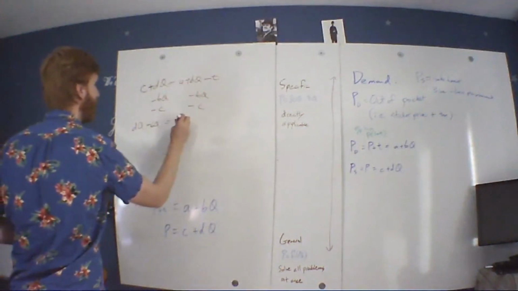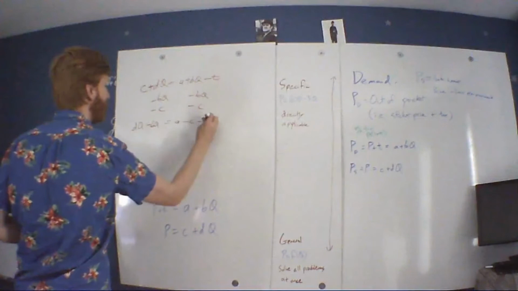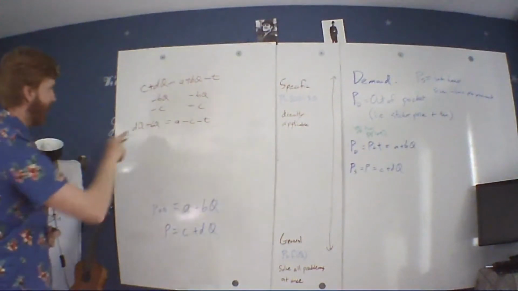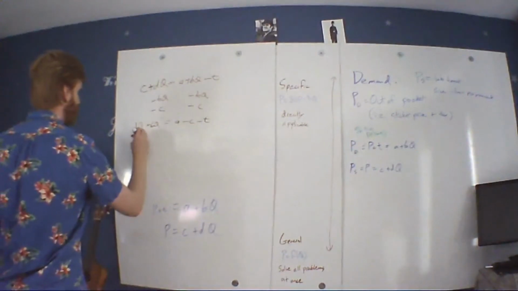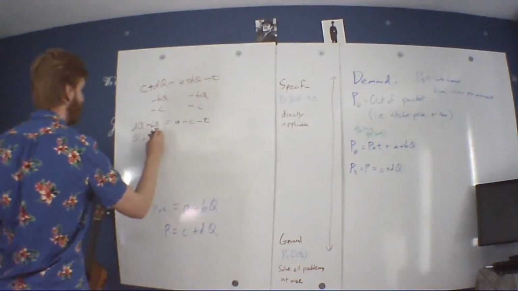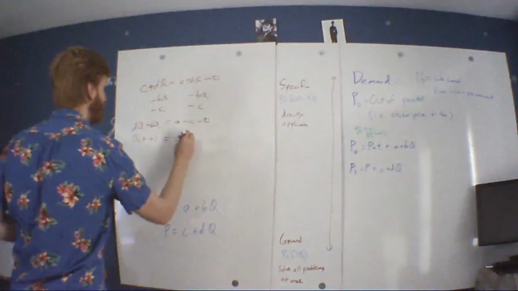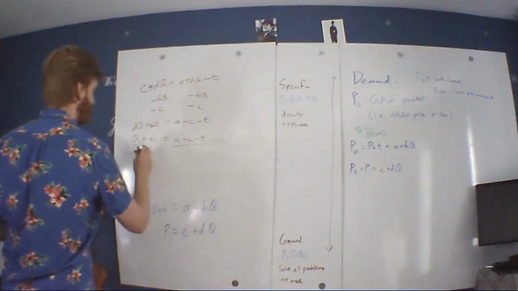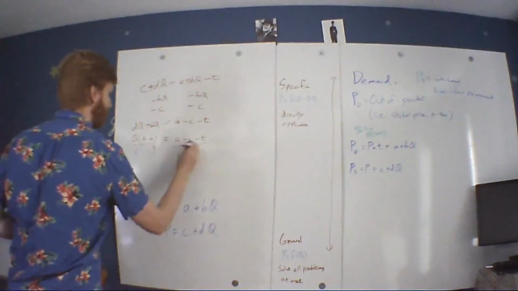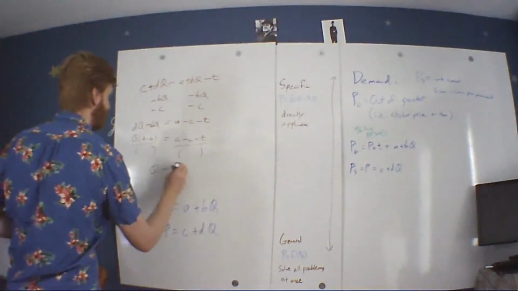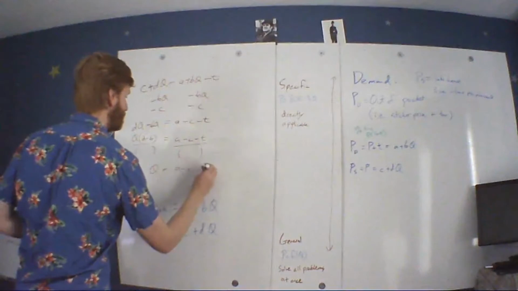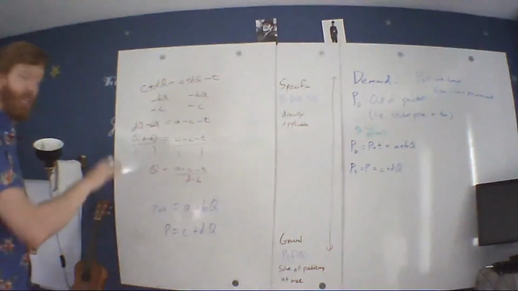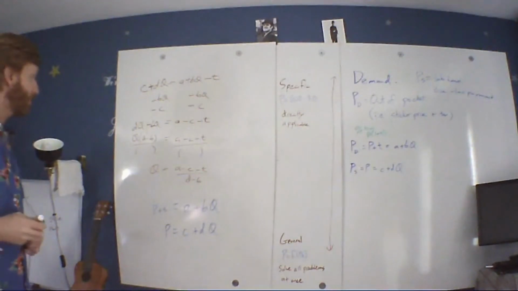So here we've got A minus C minus T. Now I can factor out the B and the D. So Q times D minus B equals A minus C minus T. Divide both sides, and I get Q equals A minus C minus T all over D minus B. This gives me our general solution.